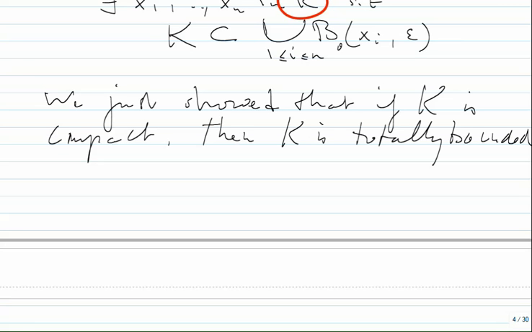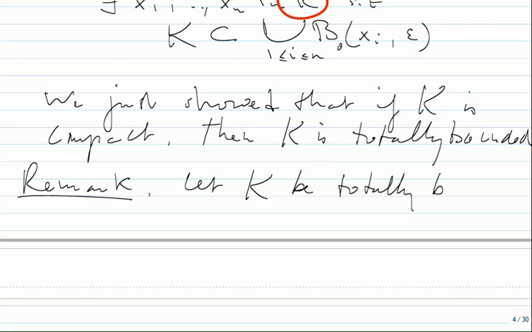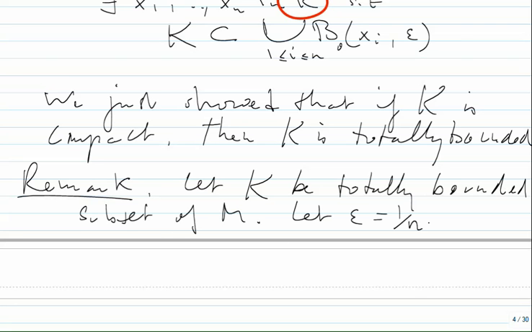Okay, next, let us just make a little remark here, an interesting remark. Let K be totally bounded, according to the definition I just gave above, a subset of R^n. Let epsilon equal 1 over n.